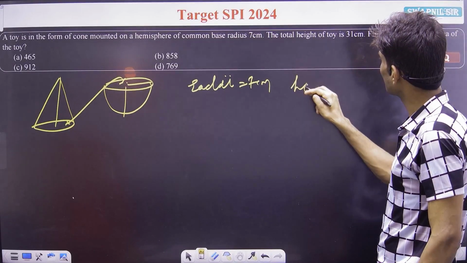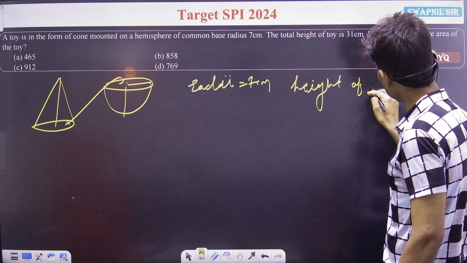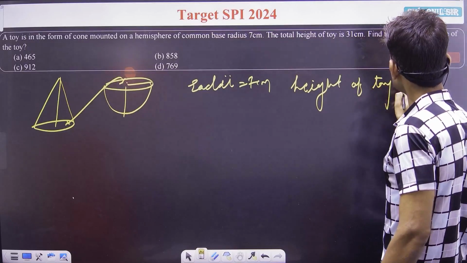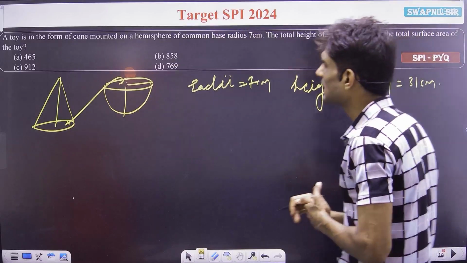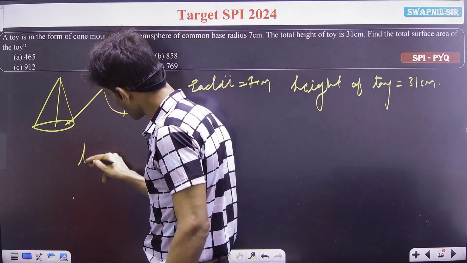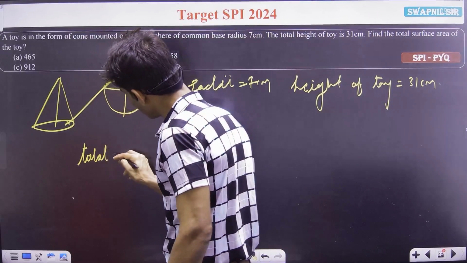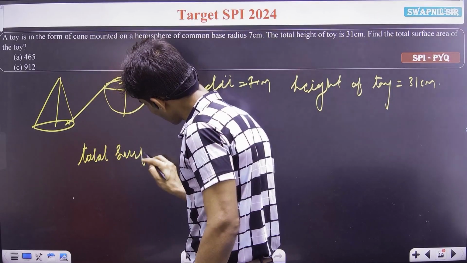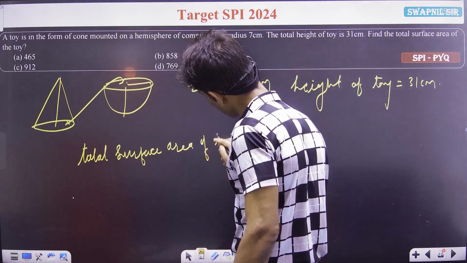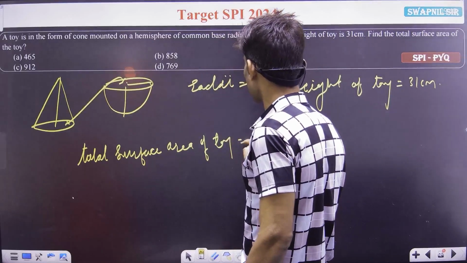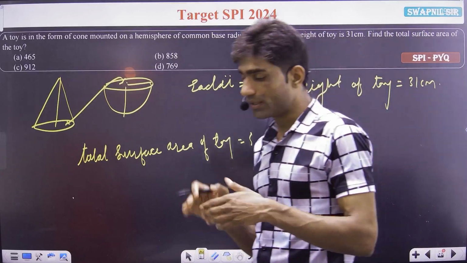Then we want the total surface area of our toy here.